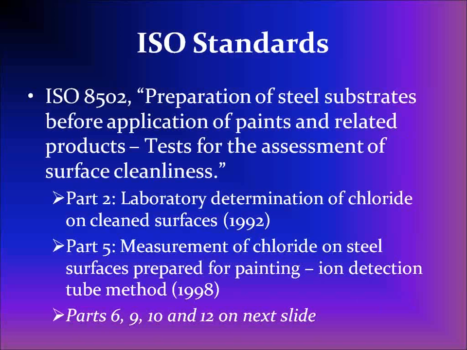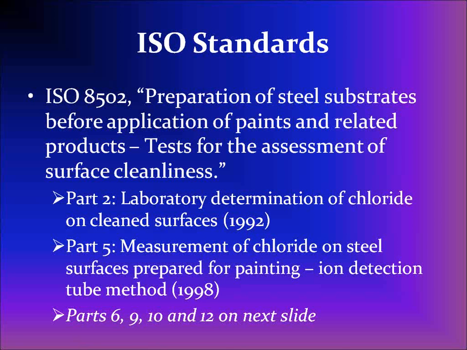In addition to SSPC's Guide 15, ISO has published a standard for the preparation of steel substrates before application of paints and related products, specifically tests for the assessment of surface cleanliness. The particular ISO standard 8502 contains 6 parts that all address chloride detection and analysis.